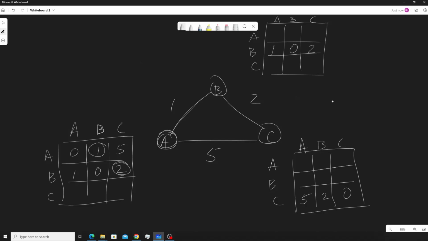And so because A knows that it can get to B with a cost of 1, and B can get to C with a cost of 2, then what we can do is we can update this value to be 3. Okay, we can update that value to become 3.